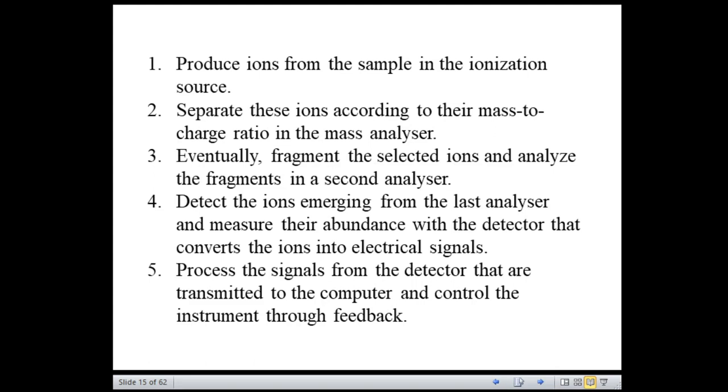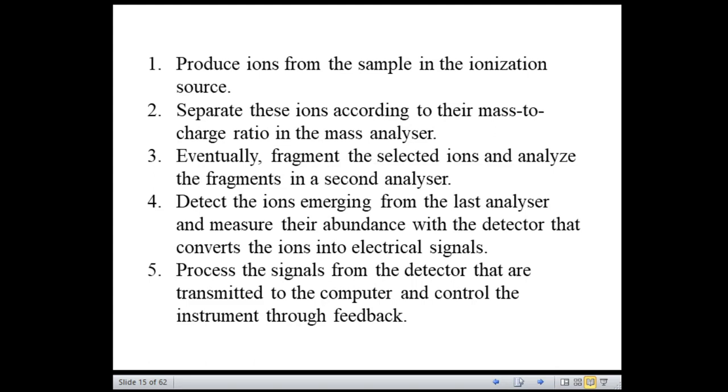Then the ionization source produces ions from the analyte, and we can have one analyzer or several mass analyzers, so that we count the ions with a detector emerging from the last analyzer, and finally we see a data processing system that produces the mass spectrum in a suitable or readable format.